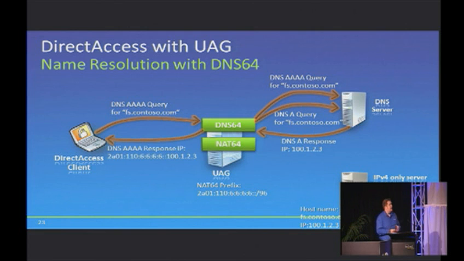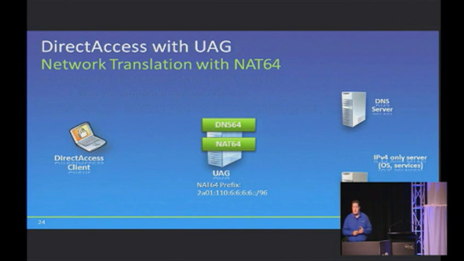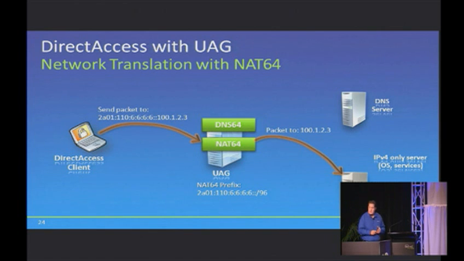And that A record is actually converted to an IPv6-enabled DNS reply, AAAA, by UAG. That's easy, automatic, and it works with NAT64. So now when my client accesses the UAG and has that IPv6 address, it is translated, NATed to IPv4, and packets go down to my client as well.